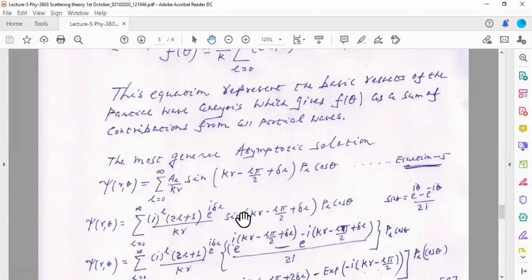Again, now this is the sine function, so I can use this relation: sine of theta is e to the power of i theta minus e to the power of minus i theta, divided by 2i. So let us use this equation.